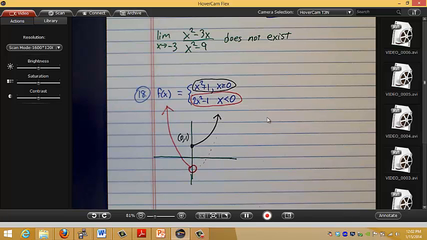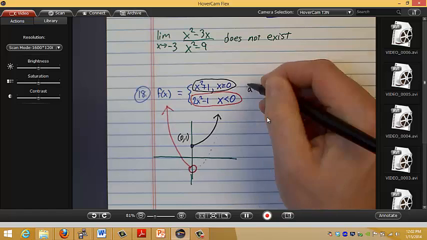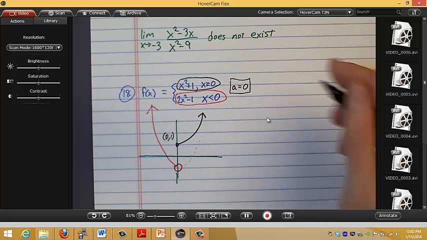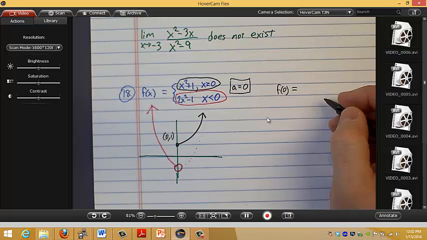Okay? And I might ask you guys, what's my a value we said? A equals 0. Yeah, see, a is the interesting point. Is f of a defined? F of 0 equals what? 1.